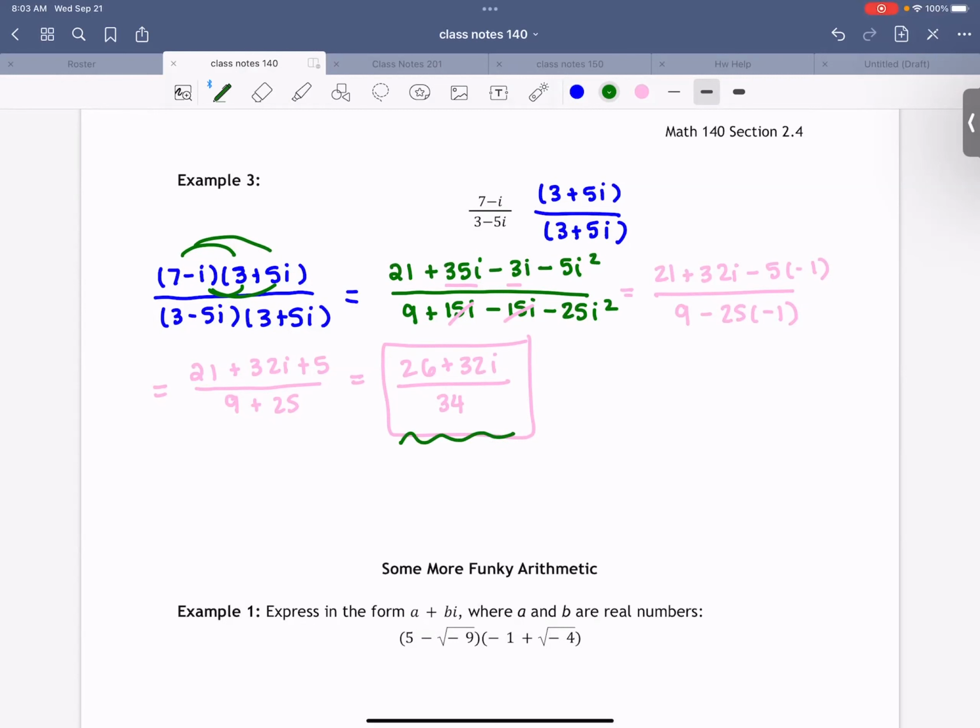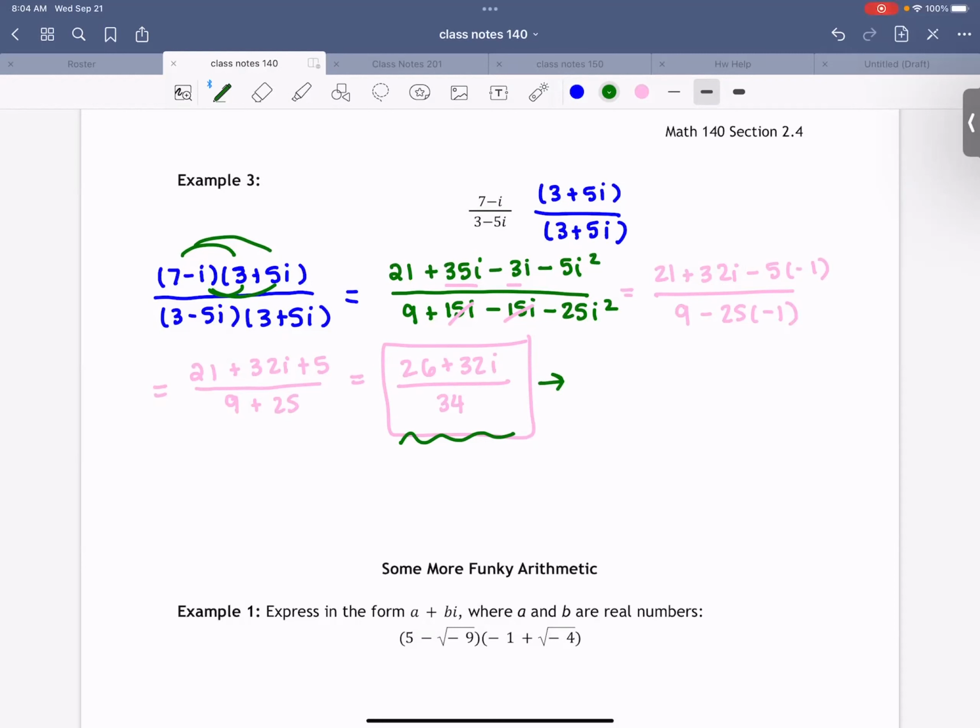There's no i's on the bottom. There's an i on top. I think if you type in this answer, it will say that you're wrong. Yeah, okay, good, or not good, but good that I remember it.